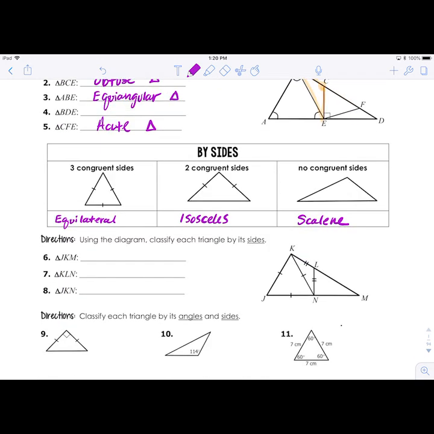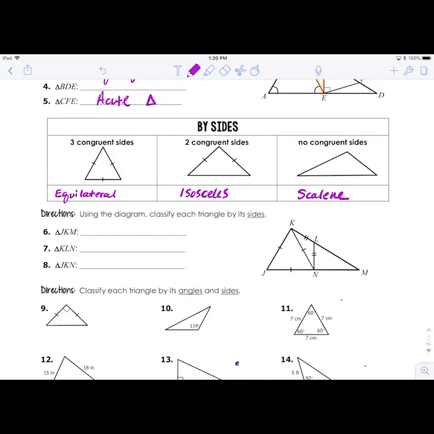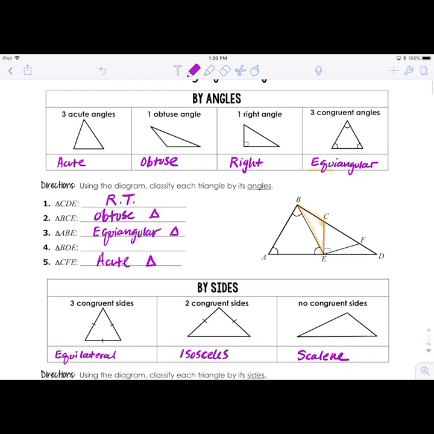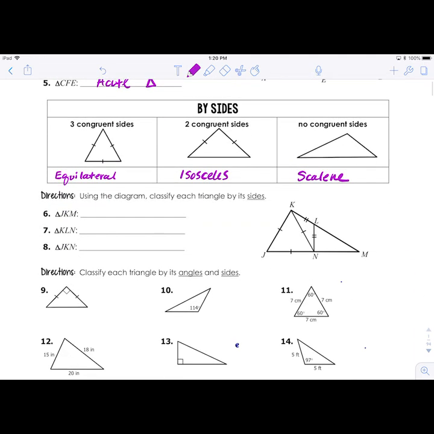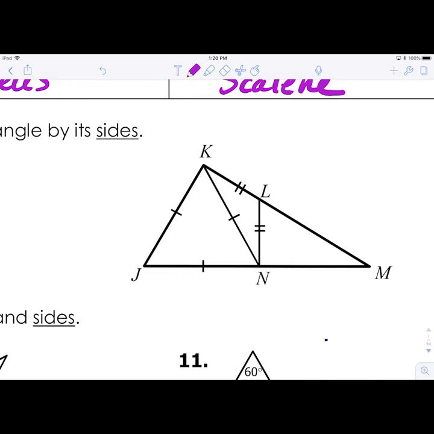All right. Let's move down to classifying by sides. These are the ones that we're really going to focus on. We classify by angle, sure, but a lot of the time we are more focused on classifying by sides, because knowing how the sides relate to each other is more important than how the angles relate to each other. So using this diagram, we're going to do all three of these. Triangle JKM.